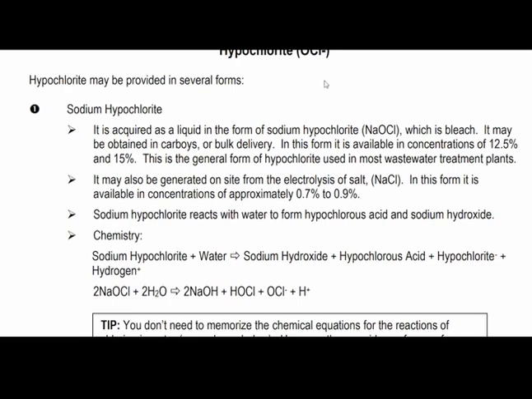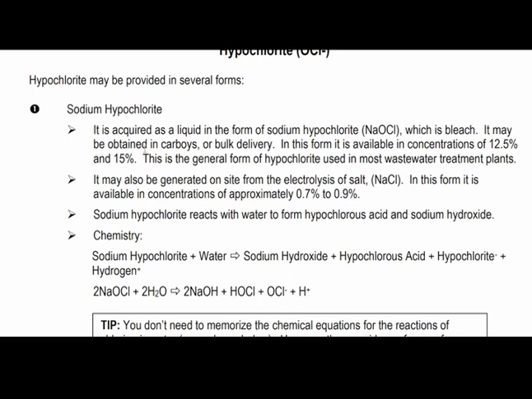Okay. Disinfectants and chemistry. Hypochlorite, OCl-. Hypochlorite may be provided in several forms. Sodium hypochlorite. It is acquired as a liquid in the form of sodium hypochlorite, NaOCl, which is bleach.